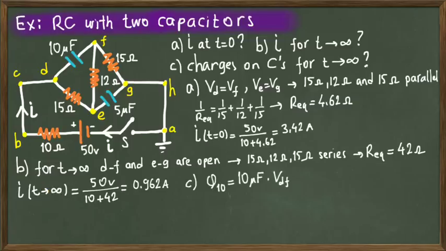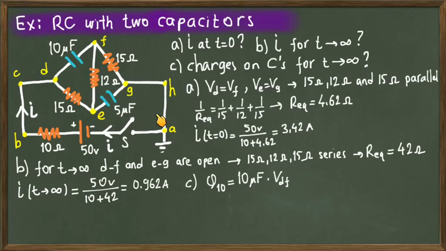Next we will calculate the charge on the 10 microfarad capacitor if you wait for long enough time. We know Q, C and the potential difference across the capacitor by using the formula Q equals C times V. We know what C is, it is given in the problem initially, but we don't know the potential difference between D and F after a long time.